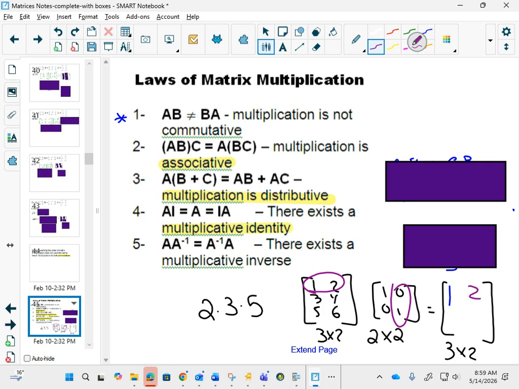You're going to get a 2. And if we kept going, 3, 4, 5, 6, it's going to end up being exactly the same. So the identity matrix is really important that way. I could have put a 3 by 3 identity matrix out in front and crashed those ones all in there. And it would still turn out to be the same.